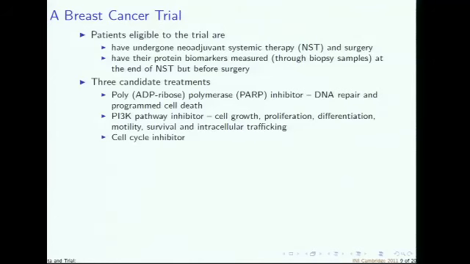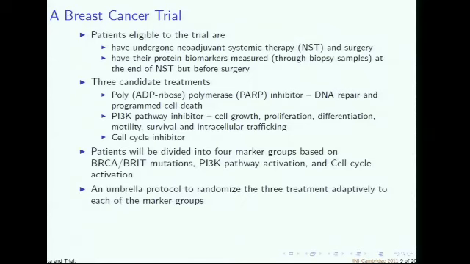Actually, there are 3 types of inhibitors that target 3 different pathways. And these patients will be divided into 4 different marker groups based on, again, the current knowledge: their BRCA mutation, their PI3K pathway activation, and cell cycle pathway activation.